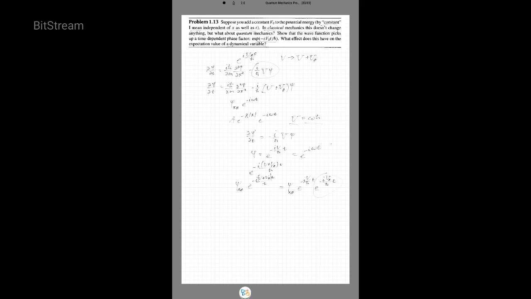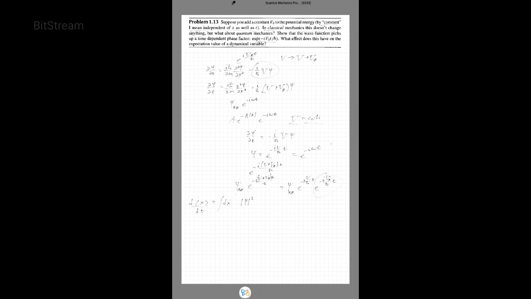Okay, then we want to know, what does it have to do with the expectation value of a dynamic variable? I'm going to go ahead and take a variable such as the expectation value of x being the integral of dx times x times the probability density, and we're just going to take the time derivative of that. So then I get x d/dt in there.